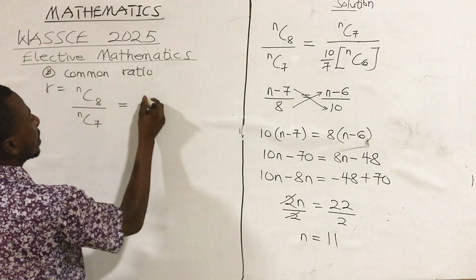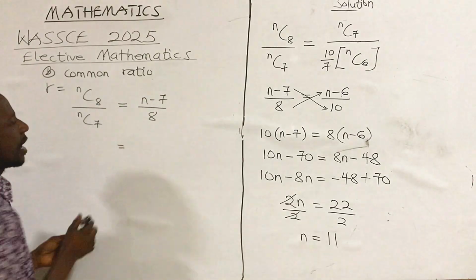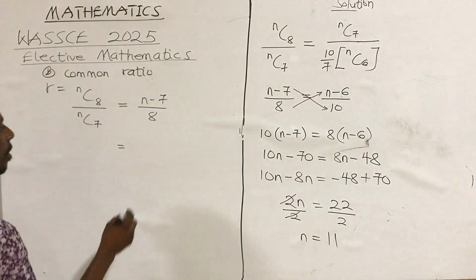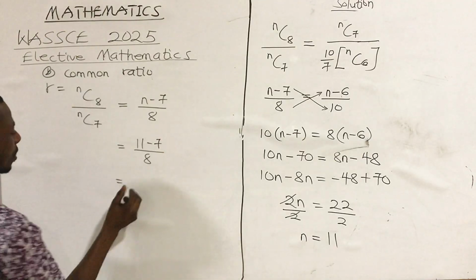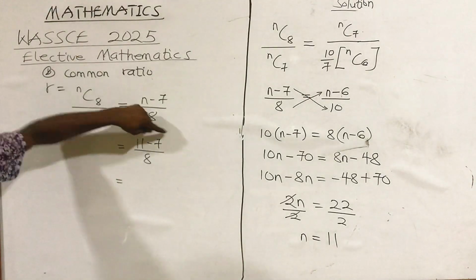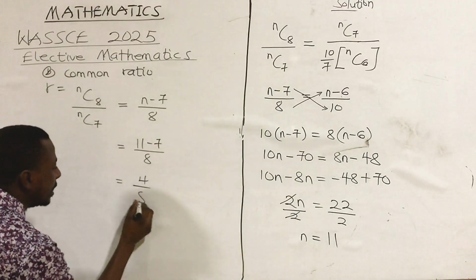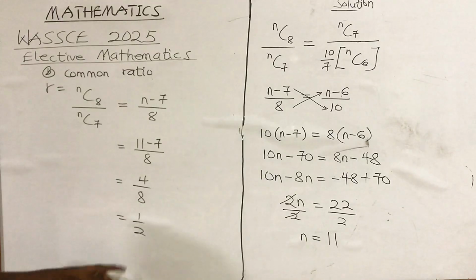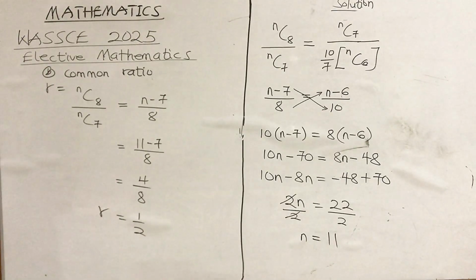So this is the same as (n minus 7) over 8. And we know the value of n to be 11. So we have 11 minus 7 over 8. And 11 minus 7, we have 4 over 8. And when we simplify further, we are getting 1 over 2 to be the common ratio. So this will be your common ratio, r.